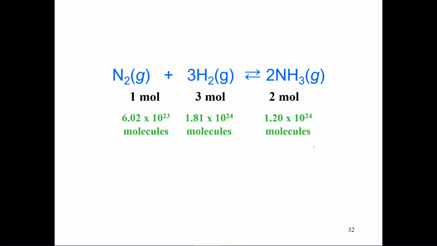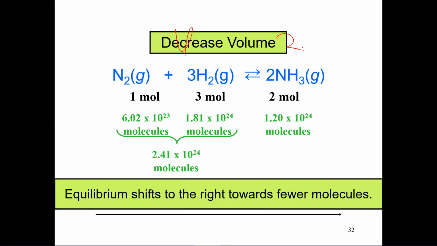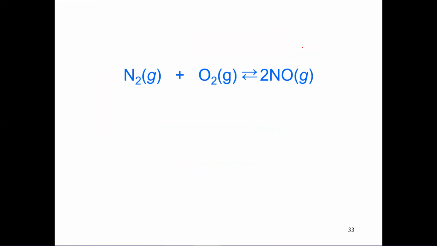You have 1 mole of nitrogen and 3 moles of hydrogen, so 4 moles on this side, and 2 moles of ammonia on that side. If you decrease the volume, it'll shift to the right towards fewer molecules.